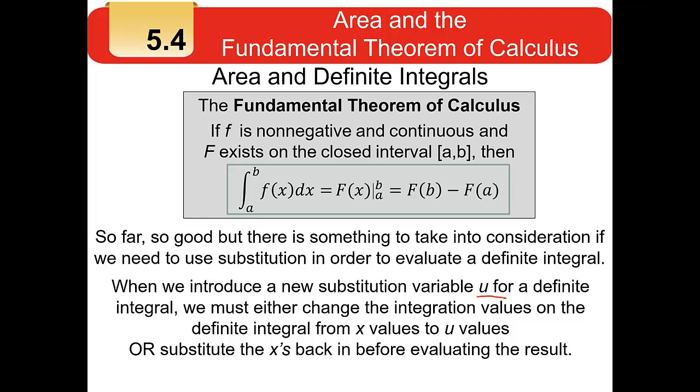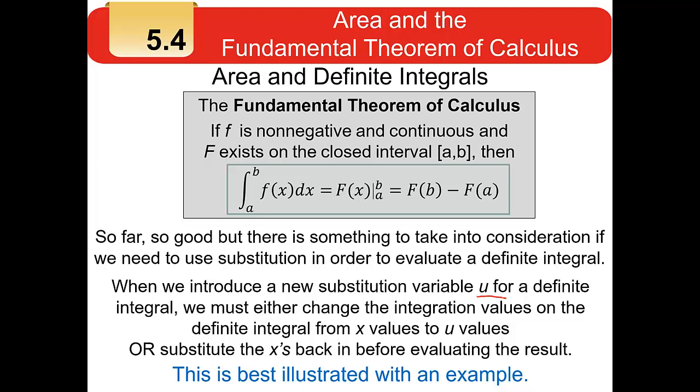The x integrand will come out, the dx will come out. But now think about this a minute. These values for the definite integral are actually x values, so you have to deal with those too, and that's the extra care that has to be taken into consideration when you're doing them. And it's probably better just to go through an example to show you what I mean.